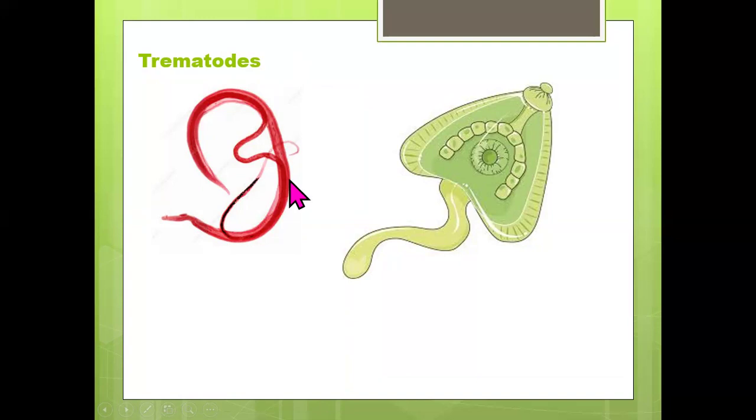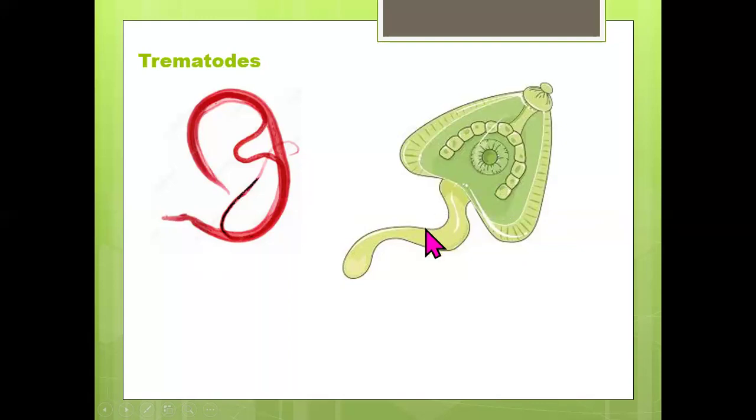They are called flatworms, and we can also call them flukes, and they are all trematodes. As an example, we have Fasciola, with different species such as Fasciola hepatica.